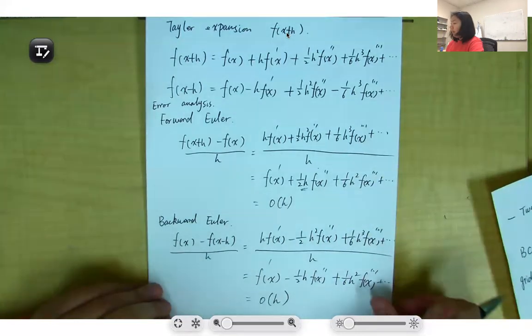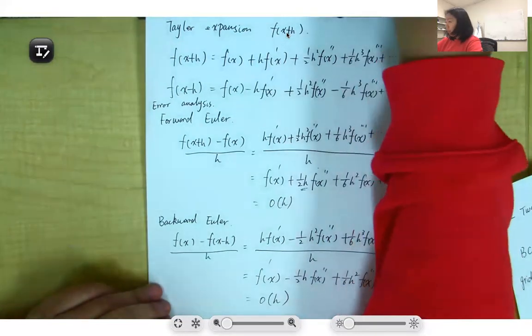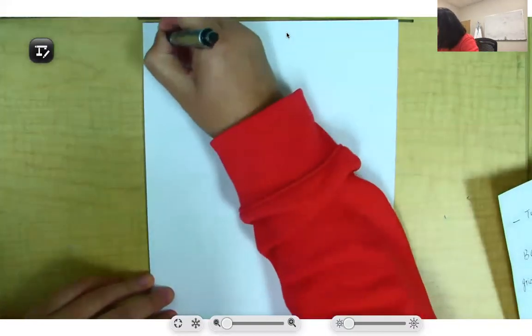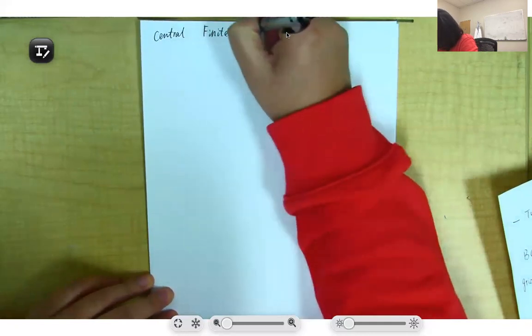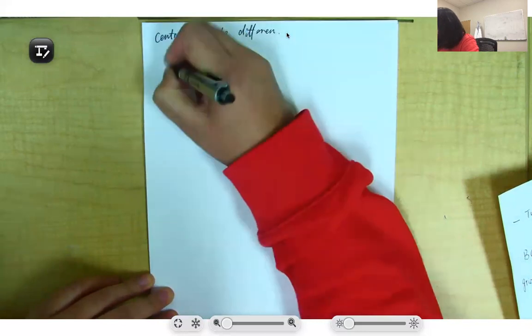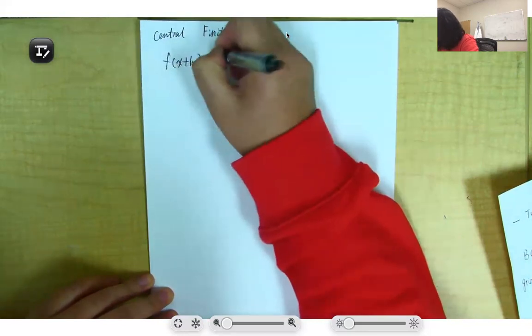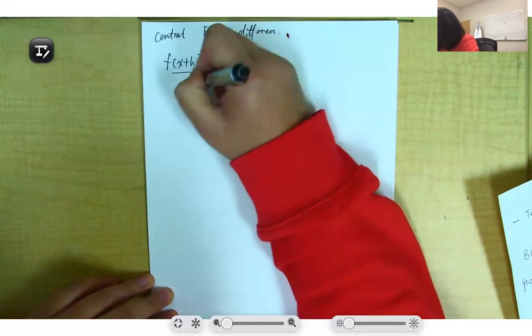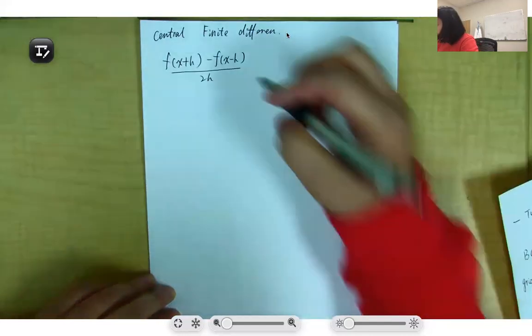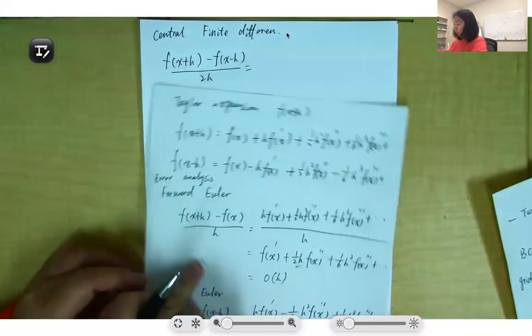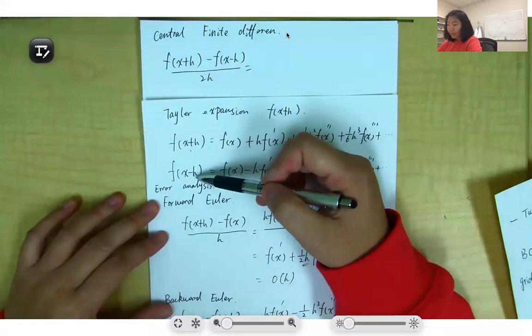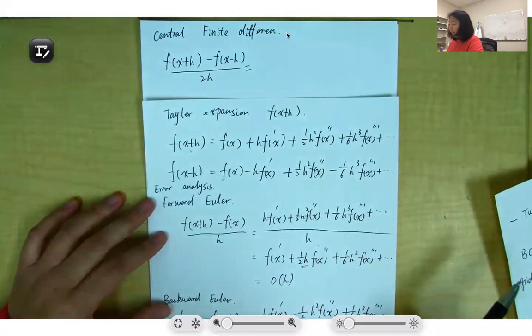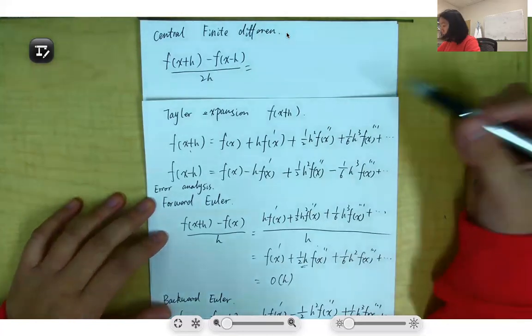Okay. Then how about the central difference? The central finite difference, which is f(x+h) minus f(x-h) divided by 2h, right? And you can use the equations from before for f(x+h) minus f(x-h) divided by 2h. What's that equal to? Let's see from these equations.